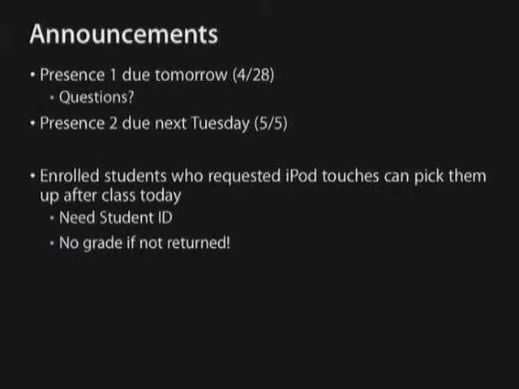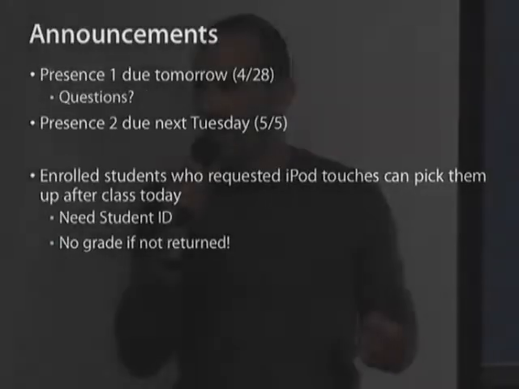One hint I'll give you is you could use a property on UI view called tag. Tag is basically an integer, and it just lets you identify each of the buttons. So consider using that. If you still haven't done Presence 1, consider setting that tag property on each of your buttons and then figuring out how to look at that when you get your action.